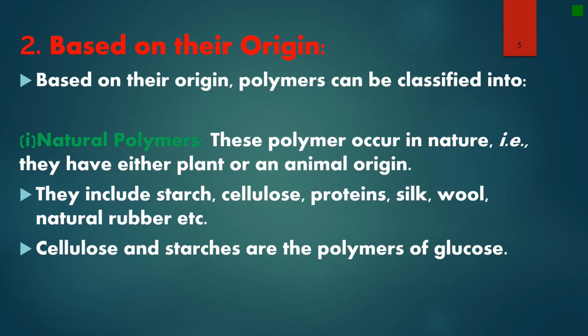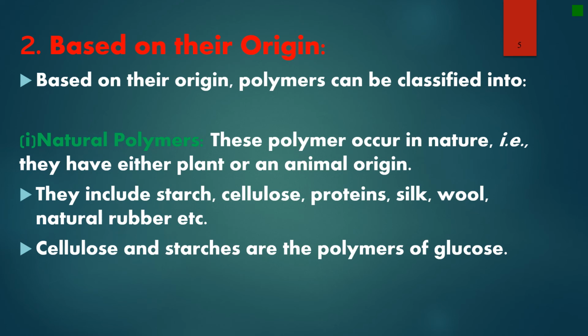Some examples are starch and cellulose in plants, proteins found both in plants and animals, silk from silkworm, wool found in the hair of sheep that is shaved, and natural rubber obtained from latex extracted from the rubber tree.